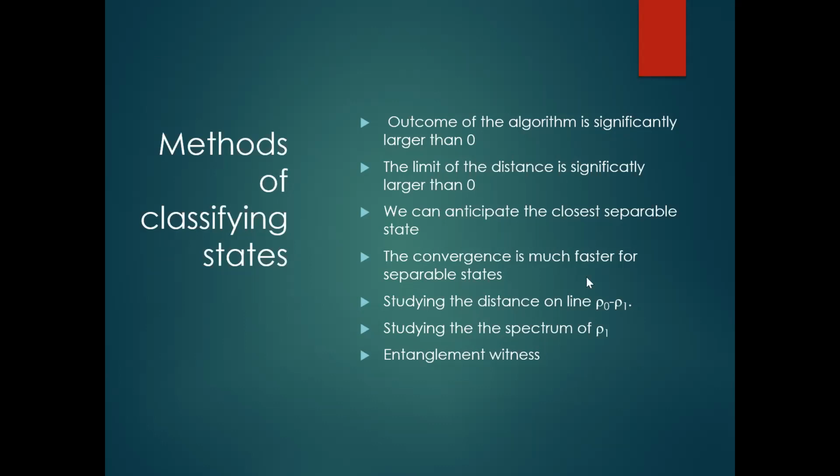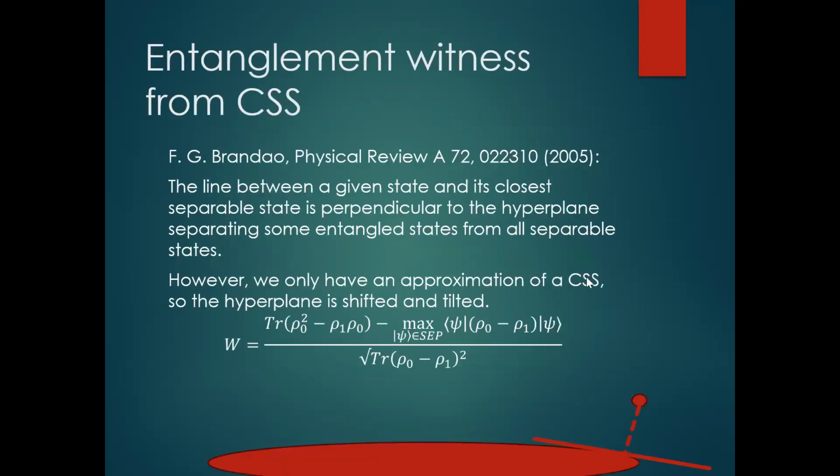Then, okay, studying the spectrum, and then you can study the convergence to the limit of your distance, which I'll tell about in a minute. And then, of course, you get a free entanglement witness, which is really cool, and that was noticed by Fernando first in 2005.